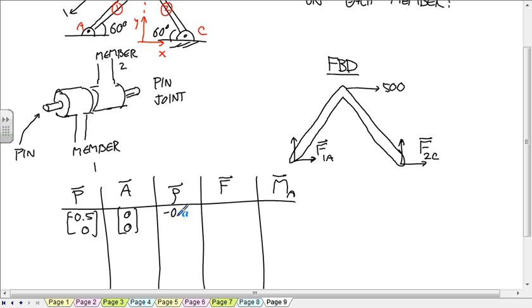So the row vector is negative 0.5, 0. No, let's not do that. Why would we do that? So let's make it a little easier for ourselves and put the about point at A. So negative 0.5, 0, and so subtract those and you get a row vector of 0. The force vector is F1A x and y components. And there's no moment.